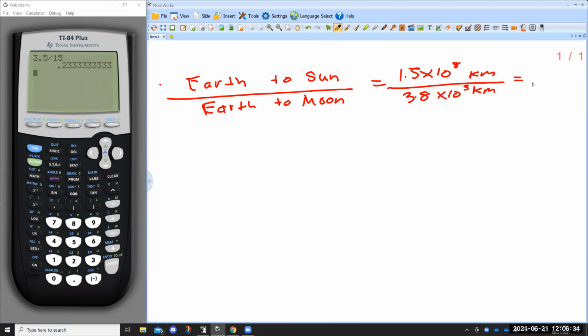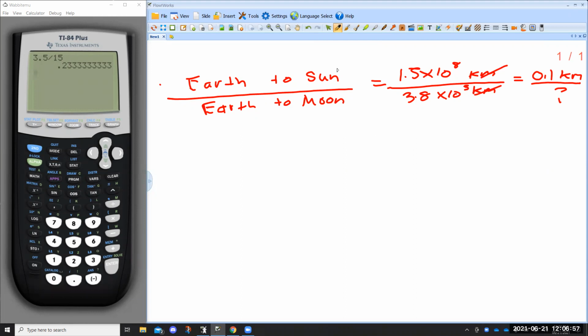And that needs to be the same as Earth to Sun, which is written as 100 meters, which is 1/10 of a kilometer. This is my unknown here, and I'm going to find it in kilometers and then change it to meters. So kilometers will cancel out here.